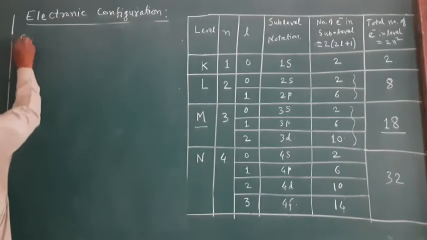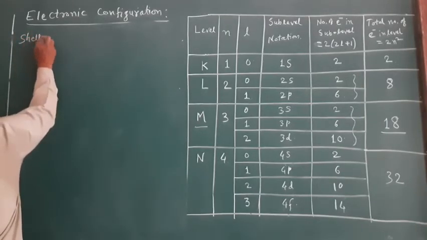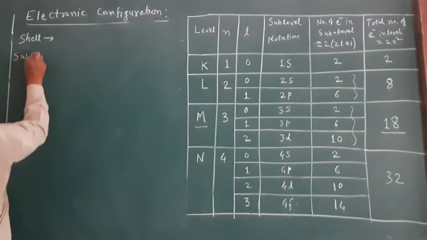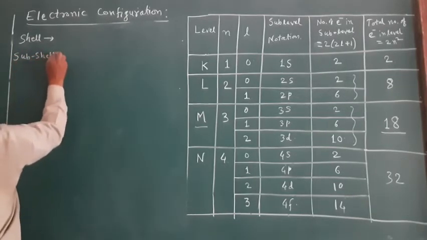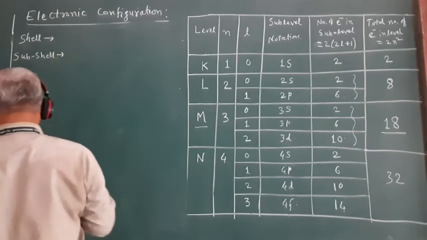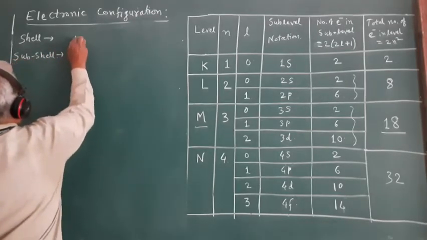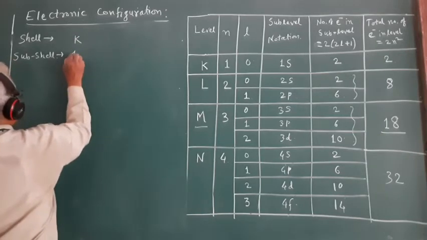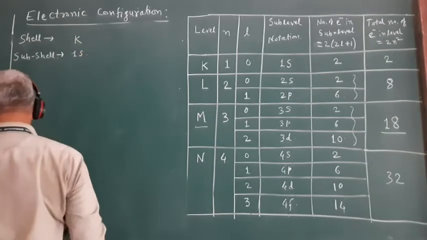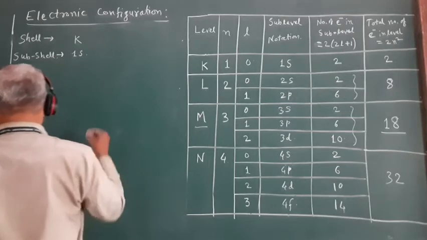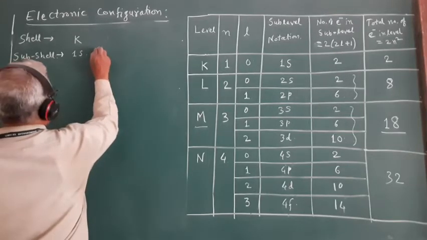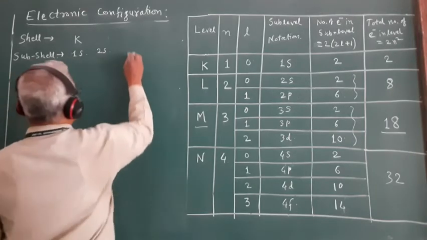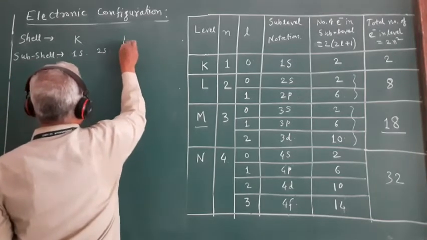So here we have shell and subshell. First we have the K shell, subshell is 1s, then we have 2s, then we have the L shell.